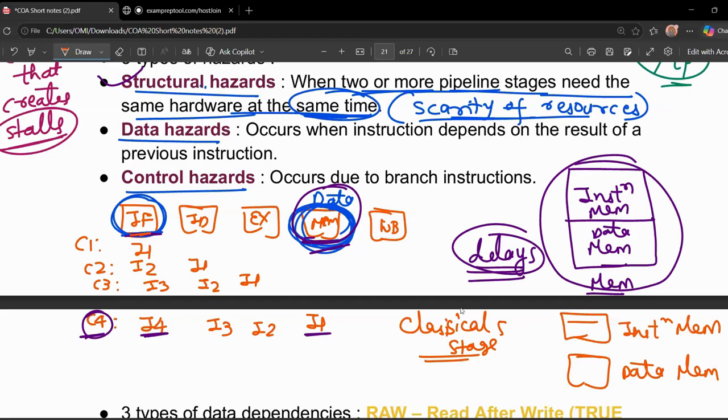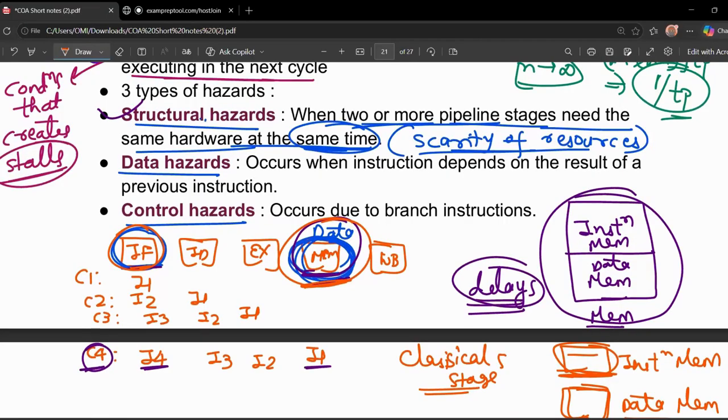Both are two separate memories. So instruction fetch can use the instruction memory, and the other uses the data memory. This way it can be solved.